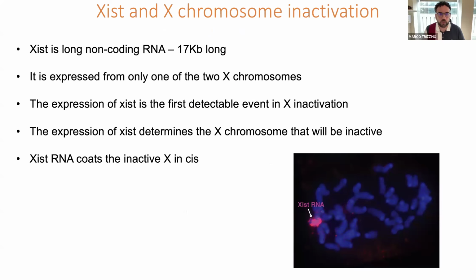So this specific long non-coding RNA is called XIST. And it's involved in a very important process, which is inactivation of the X chromosome. So let's talk about humans: this happens only in females, because remember, males have one copy of the X chromosome and one copy of the Y chromosome, whereas females have two copies of the X chromosome.